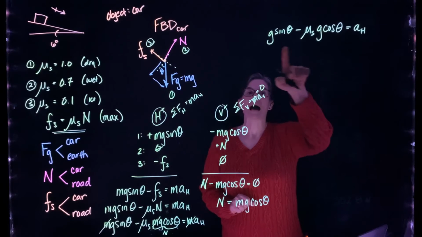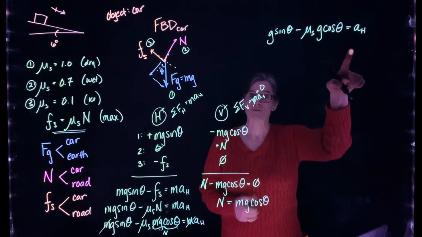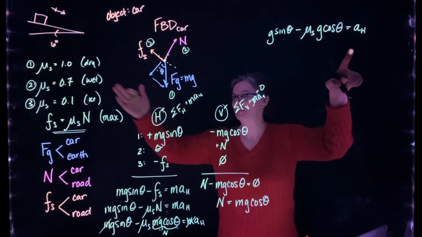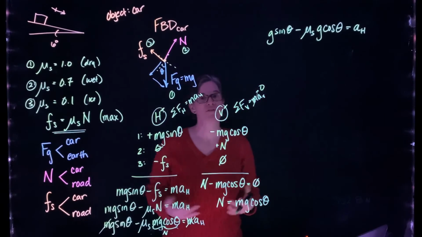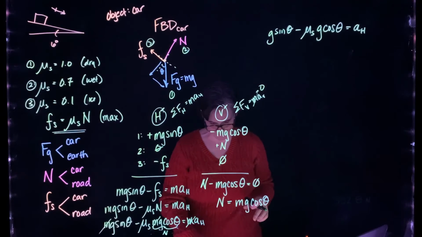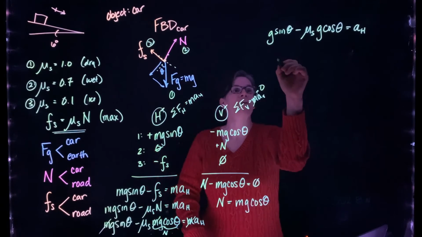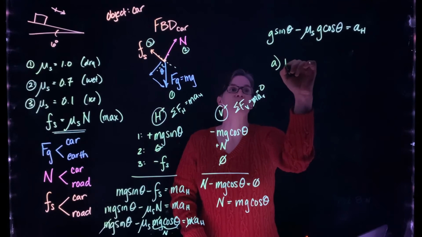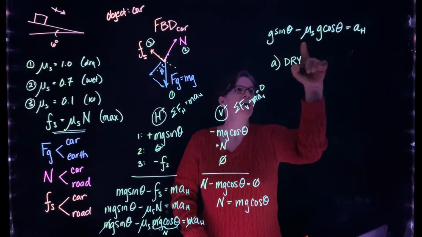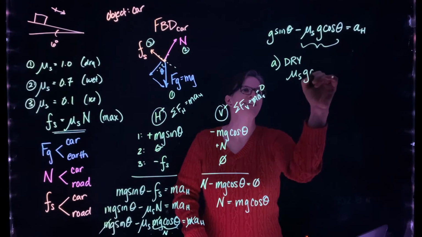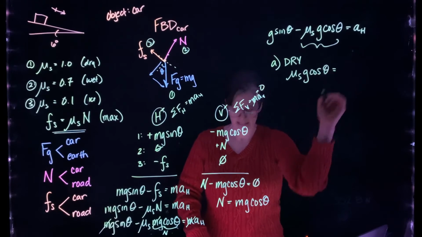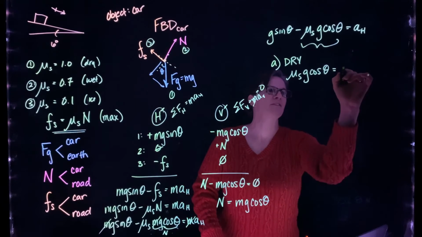And so all I have to do from here on out for parts A, 1, 2, and 3 is to use the appropriate coefficient of static friction. So for part A on dry concrete, this term, mu sub s times g times the cosine of theta, is equal to 9.74.